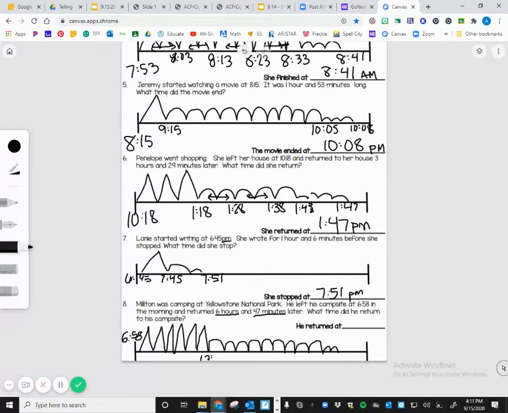So we have 6, sorry I'm running out of room on the bottom, 6:58. Then we keep counting on. So we have 6:58, and let's add a group of 10. So this would be 10:58. Now we add 10 minutes.